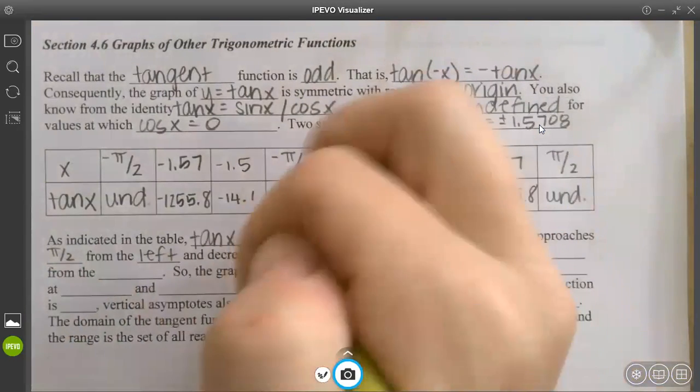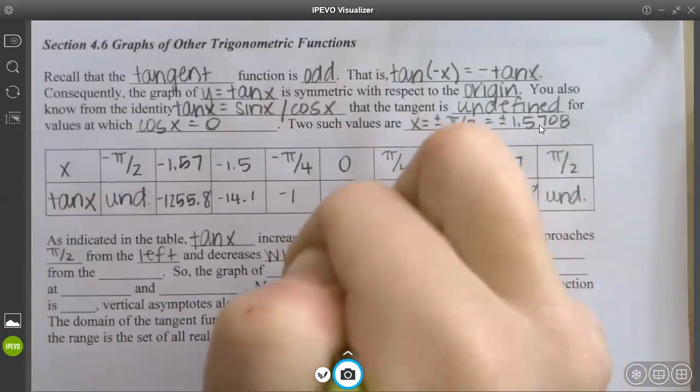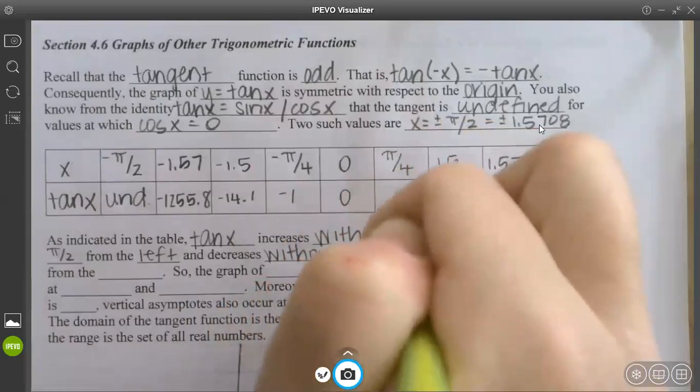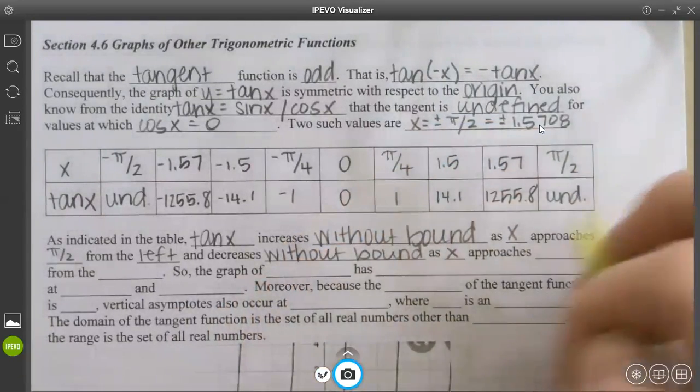And it decreases without bound as x approaches pi over 2 from the right.